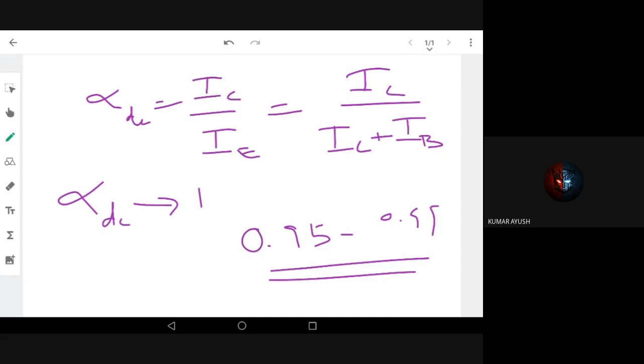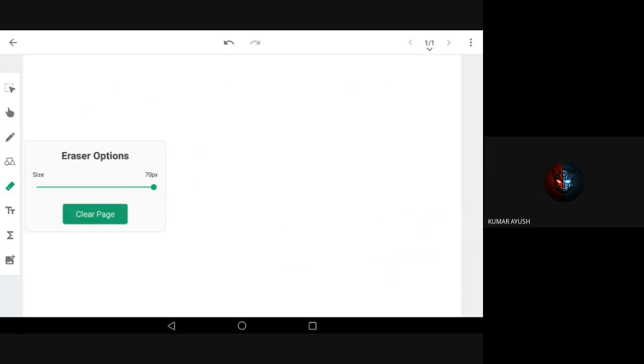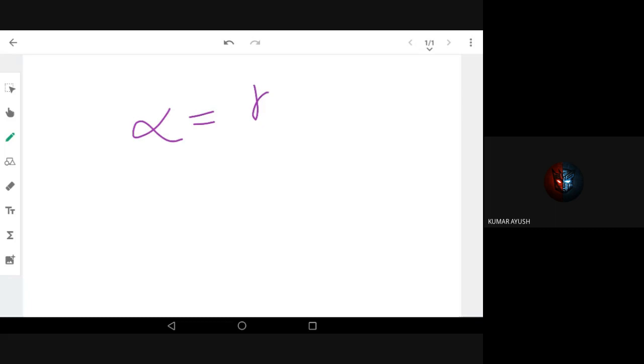From these two, we can derive equations for alpha and beta in terms of each other: alpha is beta divided by beta plus 1, and beta is alpha divided by 1 minus alpha.